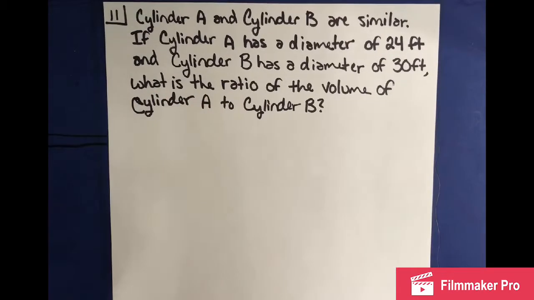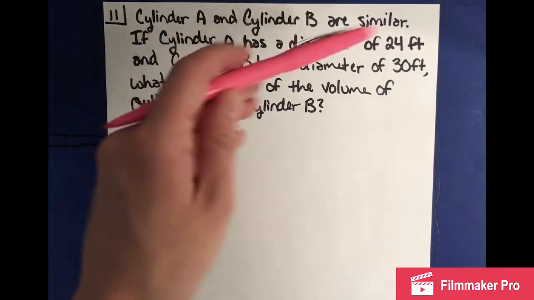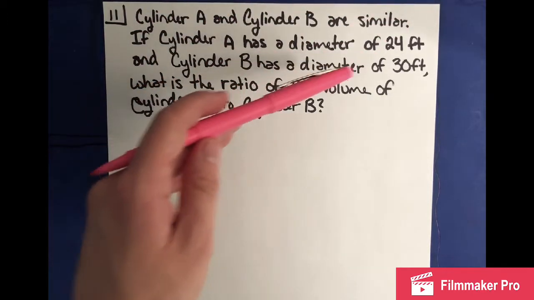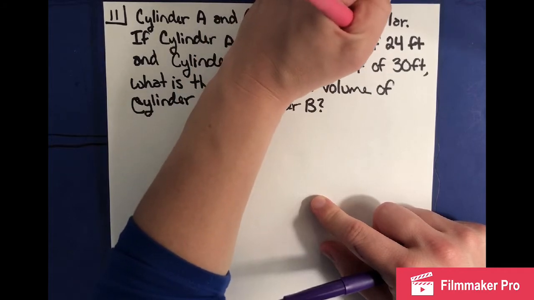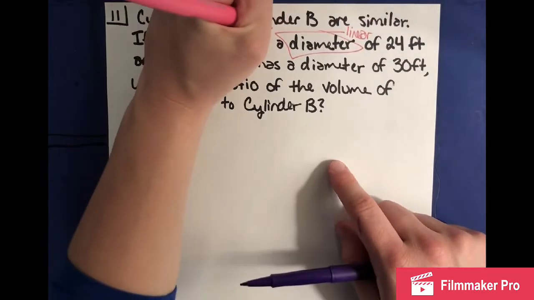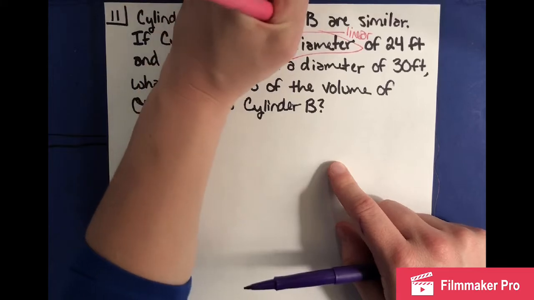Moving on to the beautiful cylinders. So cylinder here and here are similar if cylinder A has a diameter, yet again another linear measurement, so that makes me think of scale factor.